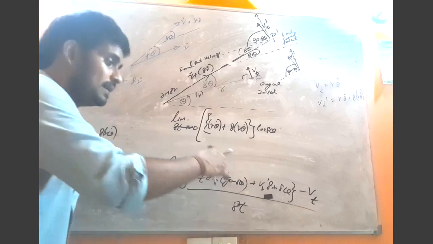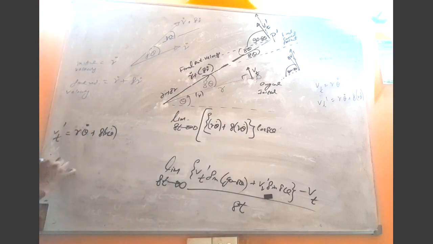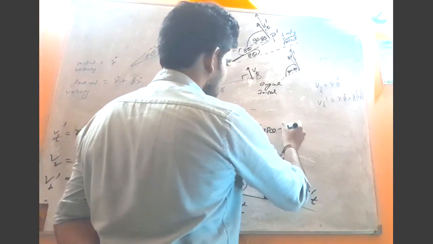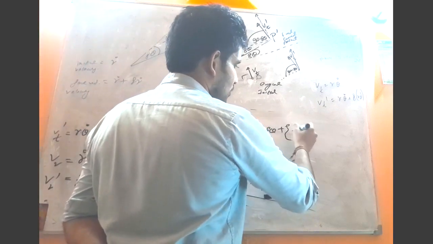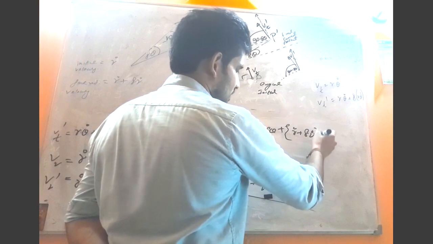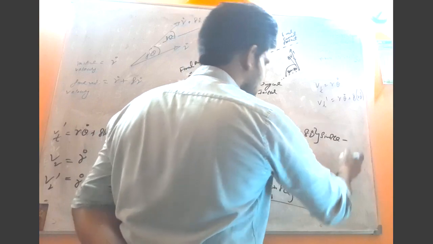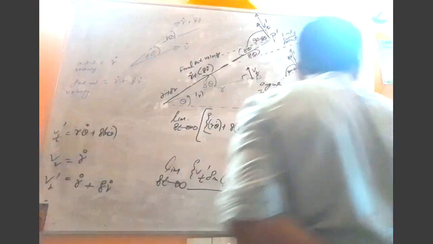Then Vr dot. Now what is Vr? What is the initial radial velocity? Initial radial velocity will be r dot, right? So what is the final radial velocity? Vr dash, that will be r dot plus delta r dot, right? So then that will be plus r dot plus delta r dot times sine delta theta minus Vt, we know what is Vt?